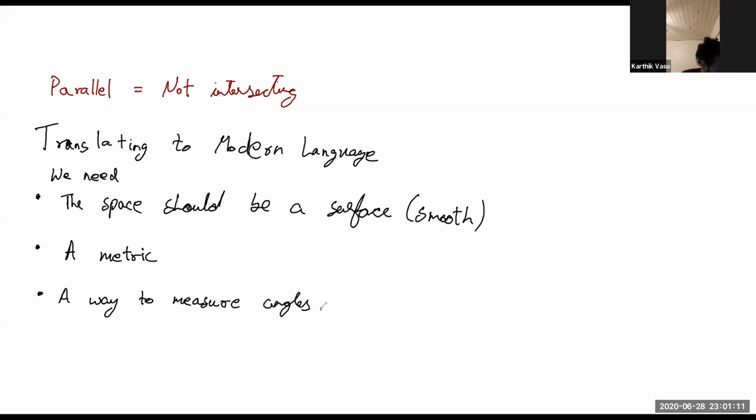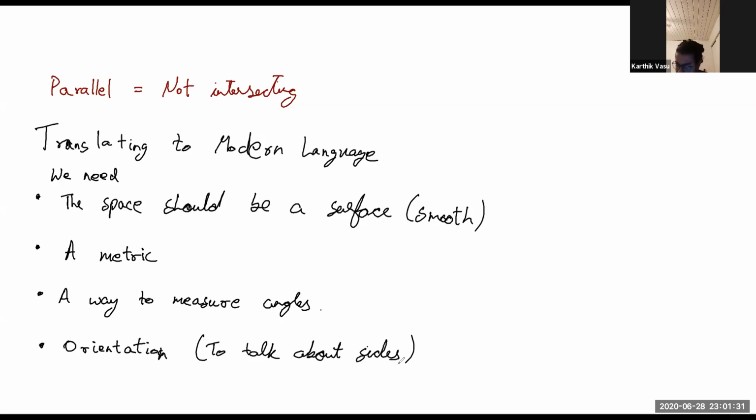Then we also need orientation, so that we can talk about sides. So these are the things we need right now. This can be done by saying, okay, I will start with X a smooth surface.